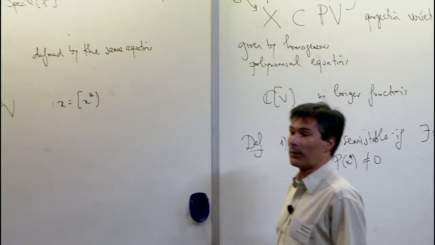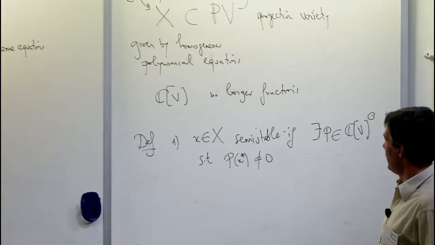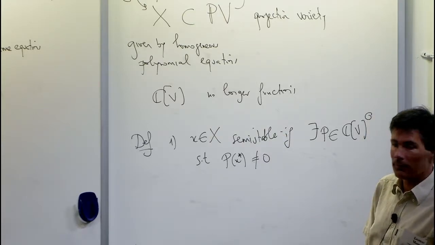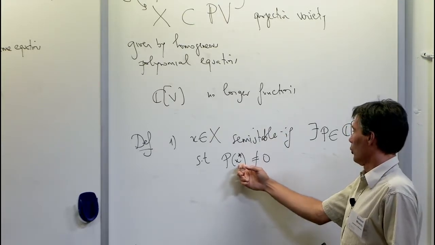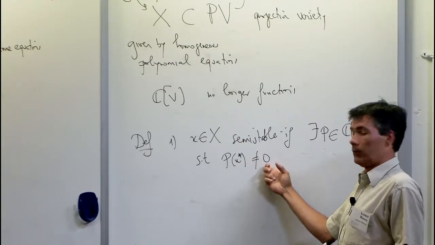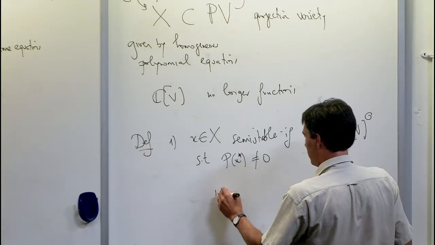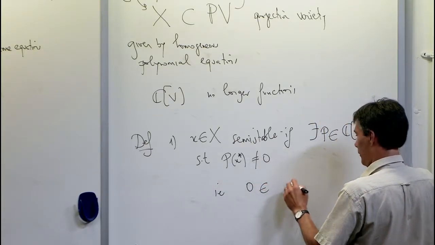And since I proved to you that this quotient map separates the closed orbits, this means that the closure of the orbit of x star does not contain 0. It's exactly equivalent to this.